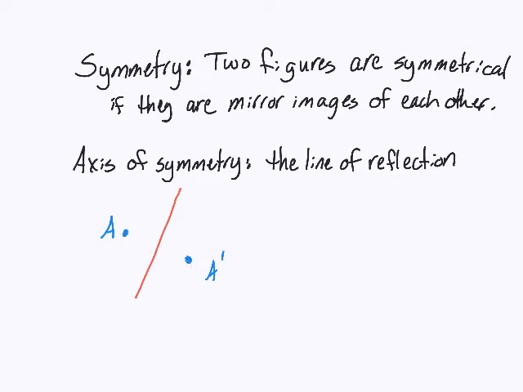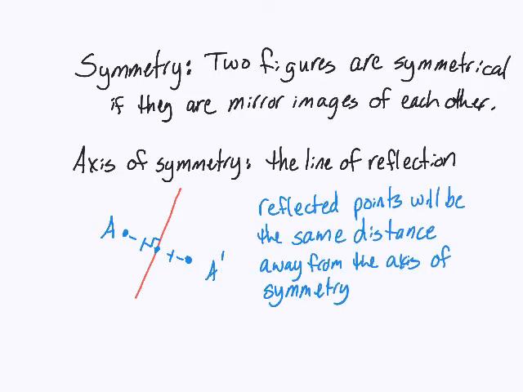If I connect the two, the line connecting a pre-image and its image over a reflection will be perpendicular, and this length to the center will be the same as the other side. So reflected points will be the same distance away from the axis of symmetry.